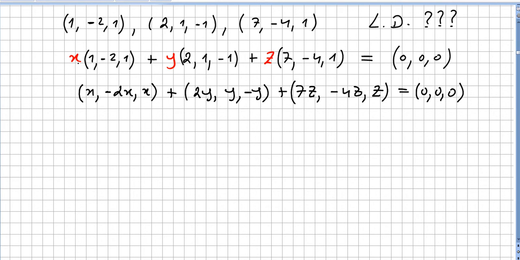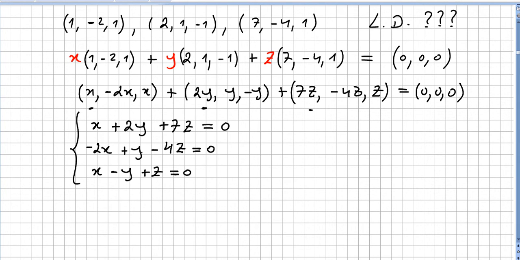So first you multiply x, minus 2x, x, 2y, y, minus y, 7z, minus 4z, z, and see if all this is 0. Now if you add this one and this one, so x plus 2y plus 7z, that will be 0. So you do this system of equations.